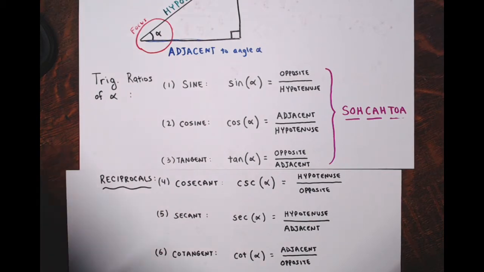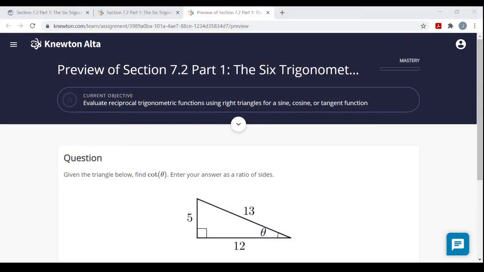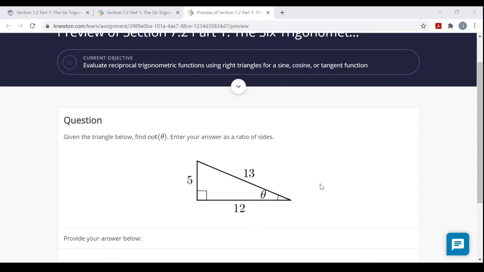Okay, so let me go back to the here and now. Like I said in my previous videos on section 7.1, if you've done the OpenStax reading and watched the videos, taken notes and all that, and practiced some stuff, and you feel comfortable with the material, I'd say start answering questions right now.